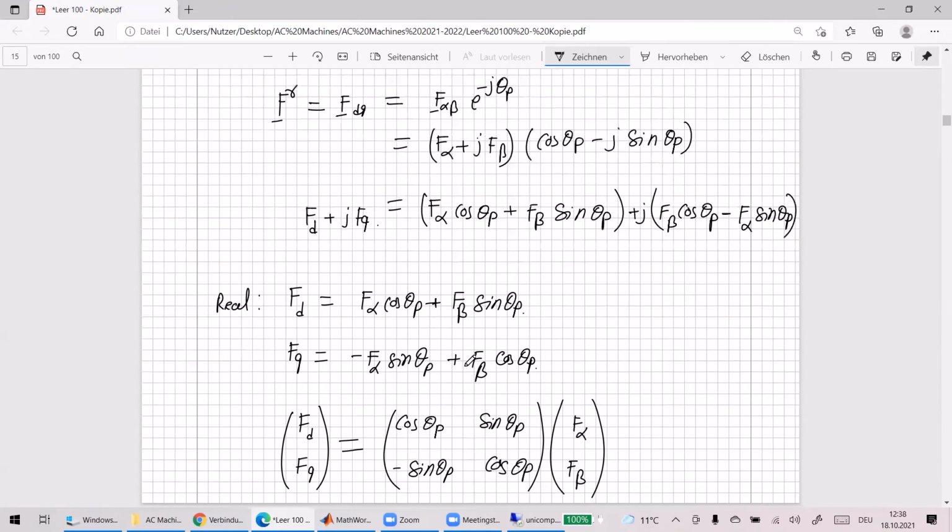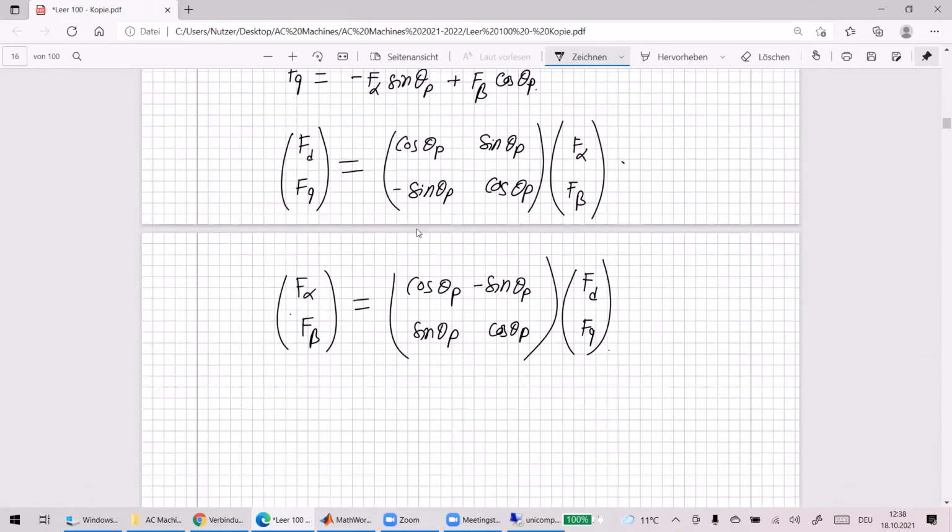And if you want to write in a complex form, what we saw is the F dq vector is F vector alpha beta into e power minus j theta p, and the inverse would also be very simple. It's just positive over there, right? F alpha beta equals F dq into e power j theta p. Simple. So you can do the transformation in complex form also, or you can do it in a matrix form also. It's your wish. I will not say anything. Is this okay? Do you have any question now?